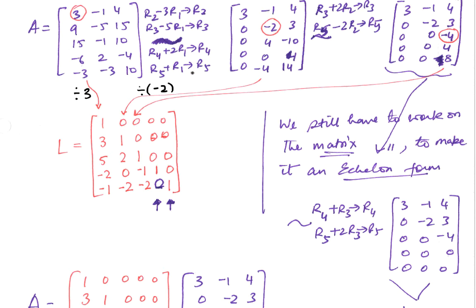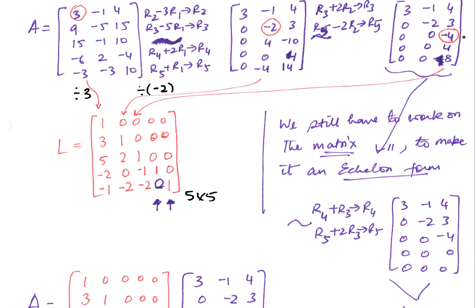So you divide the column elements from -2 down by -2, and what you get is 1, 2, 0, -2. And remember, this is important: this is going to be a 5 by 5 matrix. Now we continue and apply this algorithm.